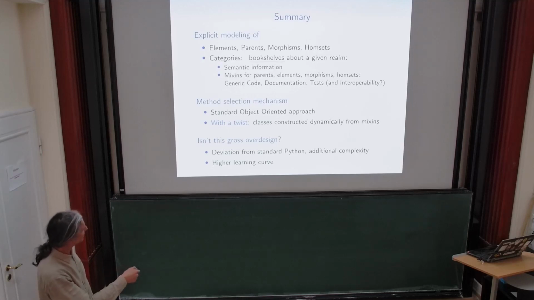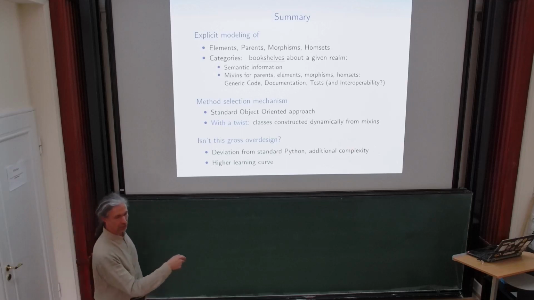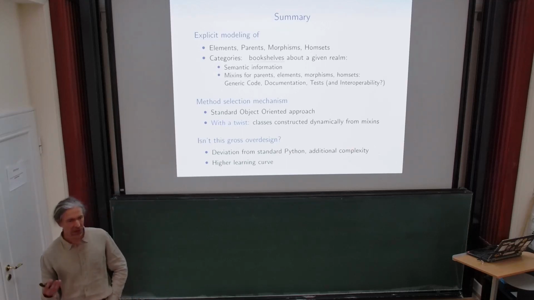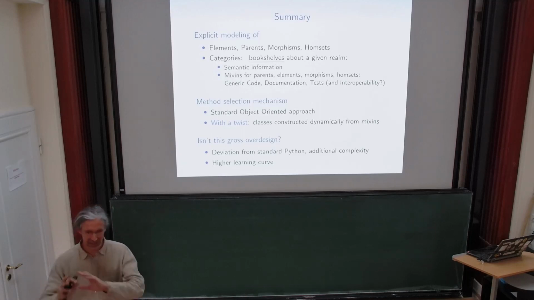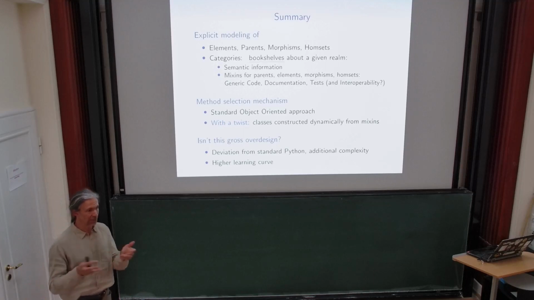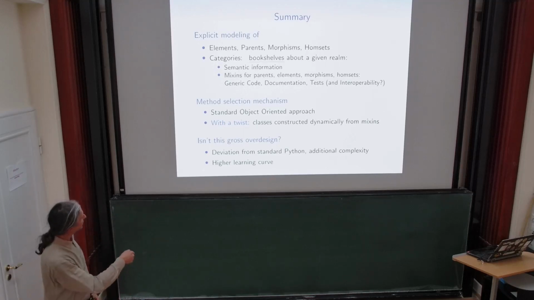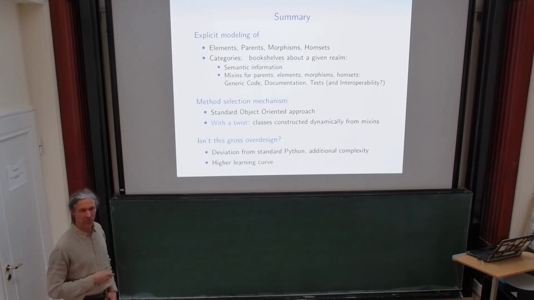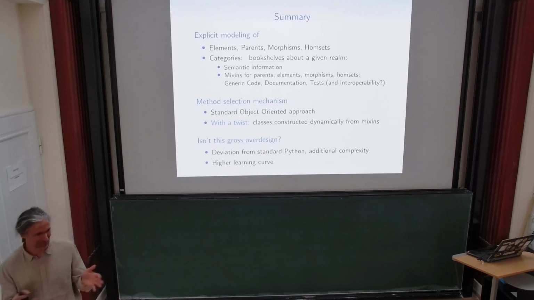The first thing is we're deviating from standard Python, and this brings some additional complexity. All the tools in Python that rely on exploring the code and drawing a nice diagram for the documentation fail, because they are meant to look at static code, and we're doing this dynamically. This also means that for a programmer, you have a bit more of a learning curve. I wrote this class and I get this one. What happened? Where is the magic behind?